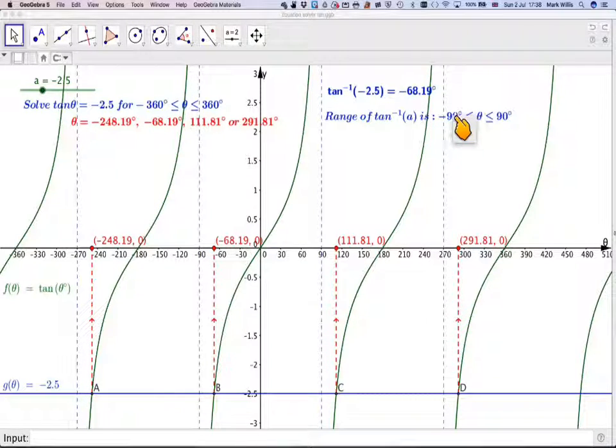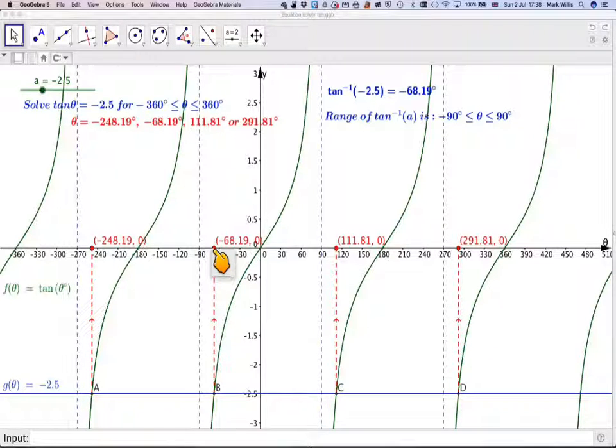And we've got theta between minus 90 and 90, and this gives me the different values that I want to find. Now between minus 180 and 180 I'm going to have two values. I'm going to have one at minus 68.19 and another at 111.81.